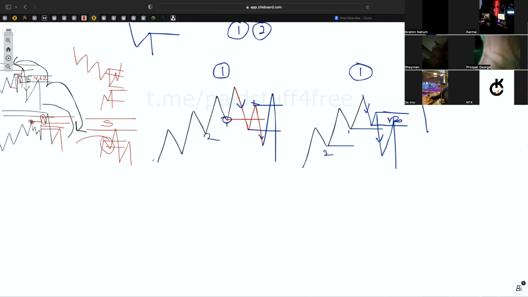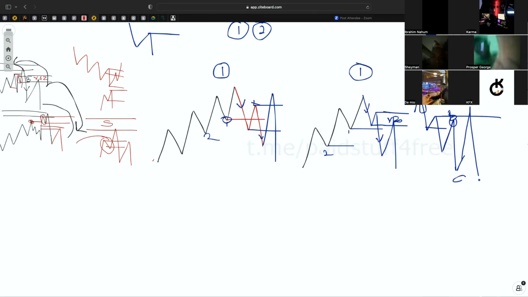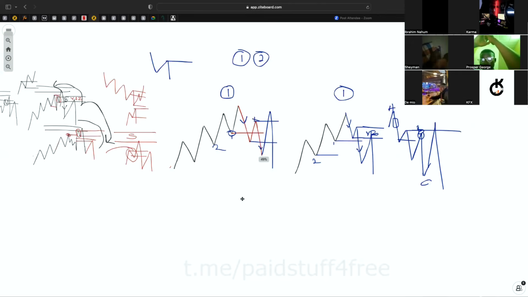So this is A, B, and C. Which means what? I will look at what is going on here, then use this B leg after selling from this first base to target external liquidity, then sell off. Does that make sense, guys? Yeah, makes sense. Okay.